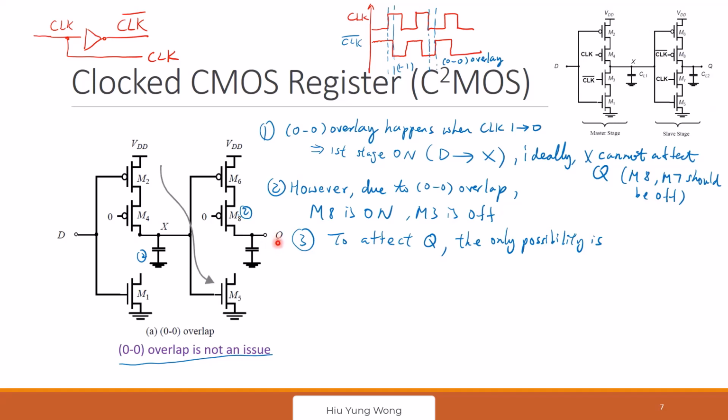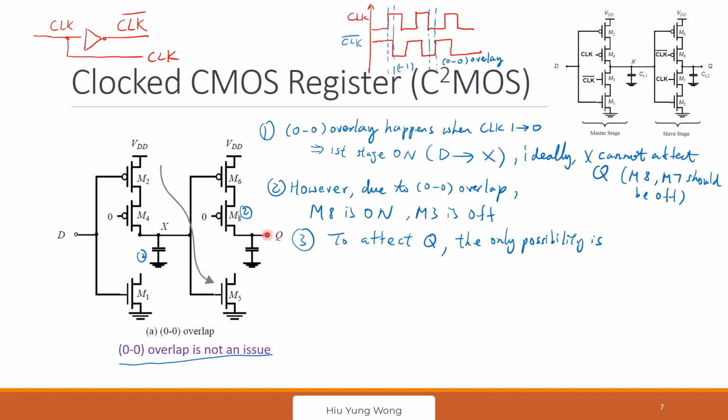You mean if Q is 0, it will be an issue? Yes, Professor. If X is 0, it will be an issue. PMOS can't correctly conduct 0, because this one will charge up the Q.